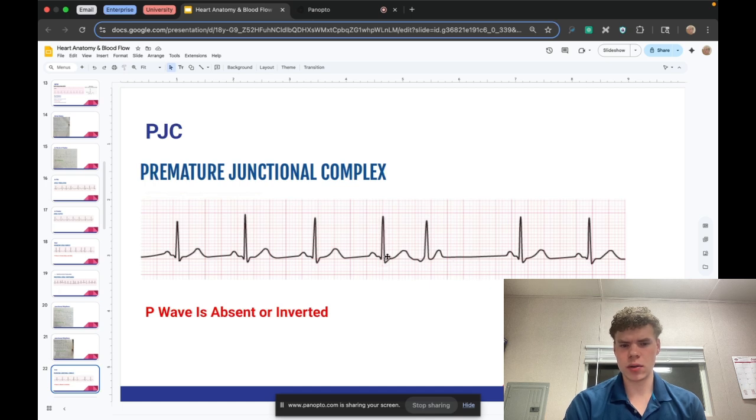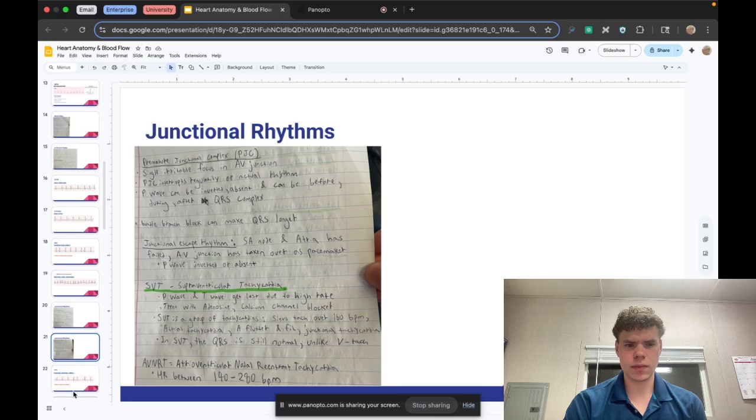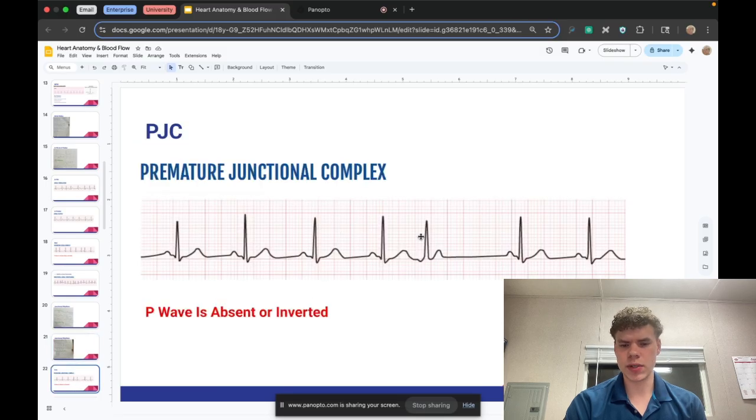It's an irritable focus in the AV junction. It looks like there was an early beat. You have your P wave, your QRS, your T wave, and then you have this QRS right here, but there's no P wave, right? That's a PJC. It's absent or inverted.